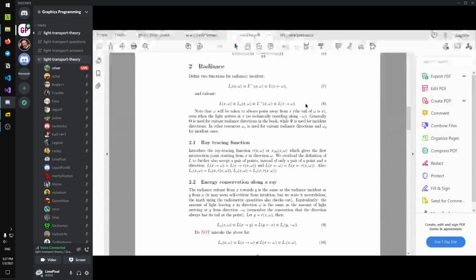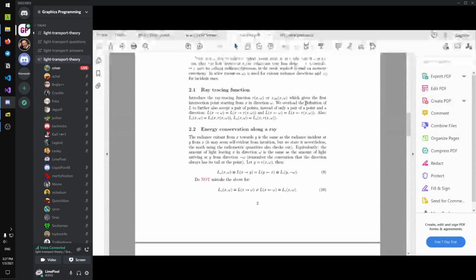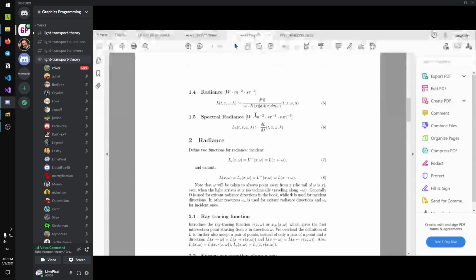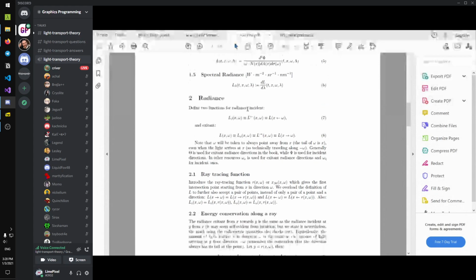But just remember that these directions do not necessarily match the flow of light. They just always point outwards from the point, so never towards it. And that also helps with having the correct dot product here. So you do not have to flip omega even if you assume that the light is incident.